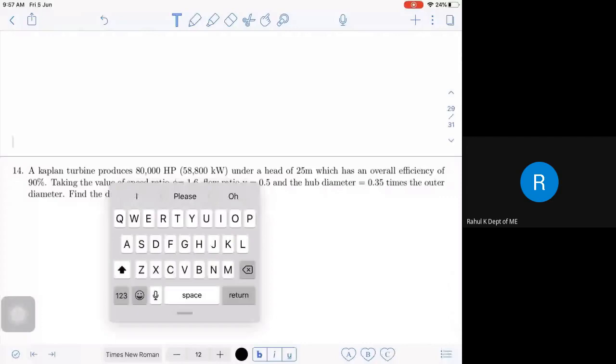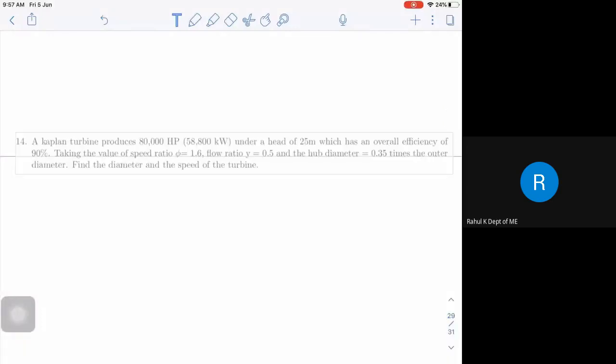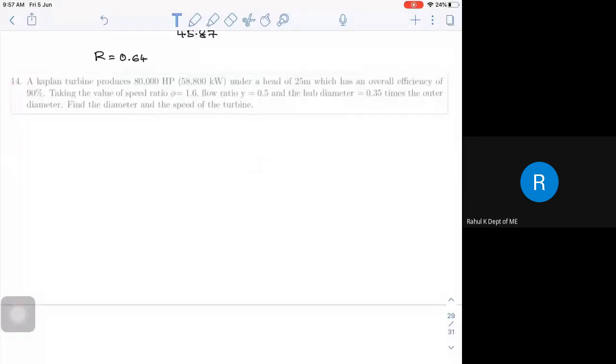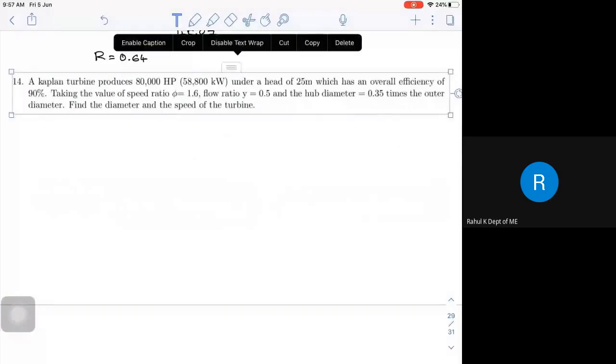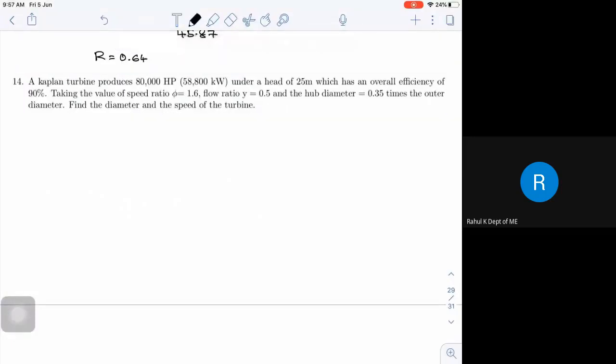Let's look into one more problem on the Kaplan turbine. Okay, one problem on Kaplan turbine. A Kaplan turbine produces around 58,800 kilowatts under a head of 25 meters, which has an overall efficiency of 0.9 or 90%.